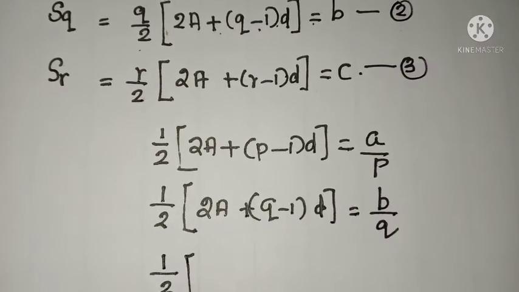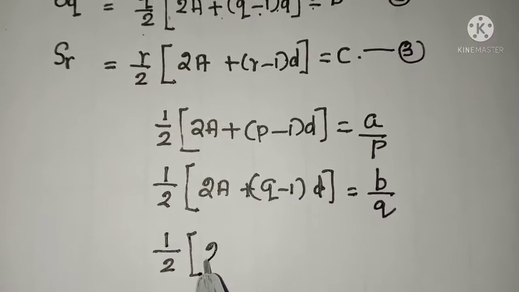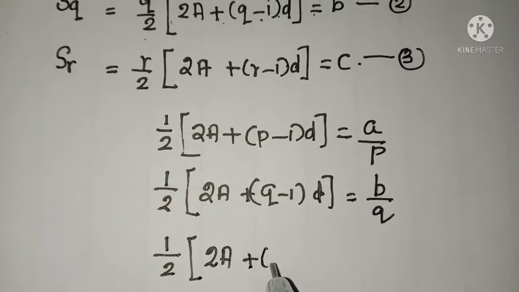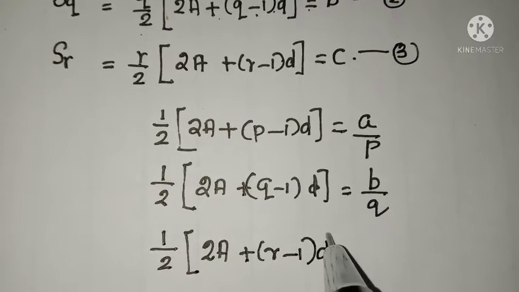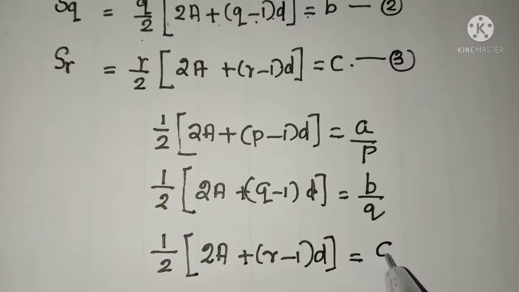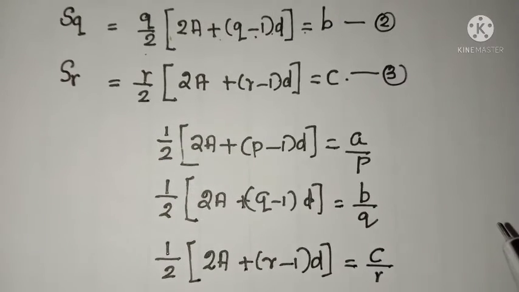So equation 3 reduces to 1 by 2 into (2A plus (R minus 1) into D) equals C by R.